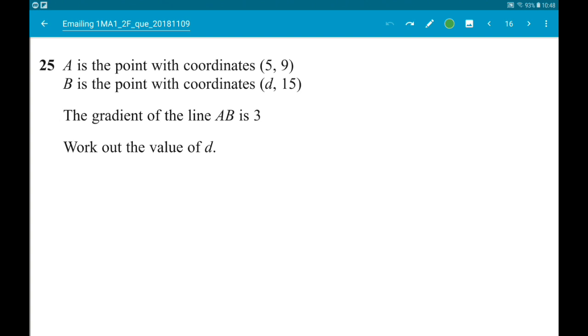So gradient is usually called M, and it's the difference in Y divided by the difference in X. So here we can do 15 take 9.